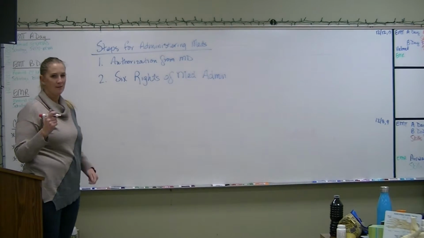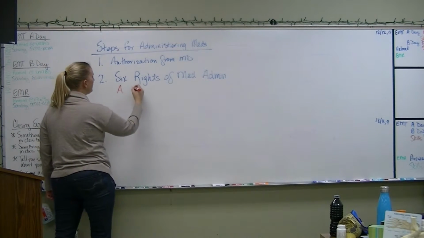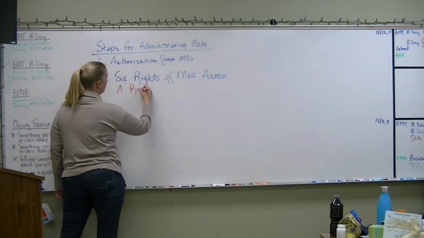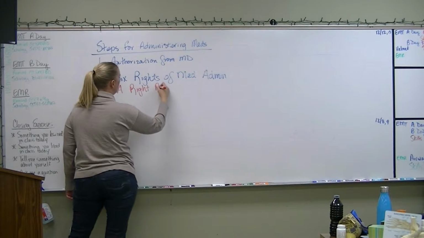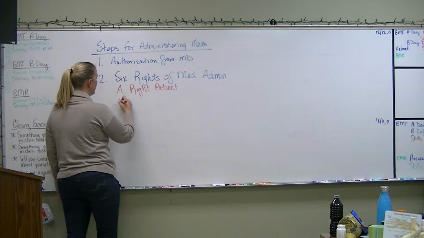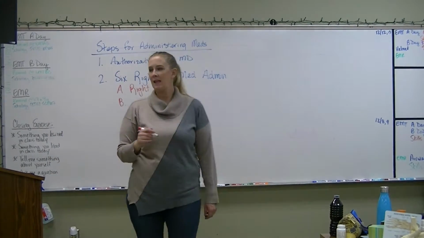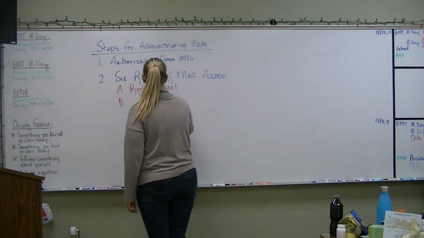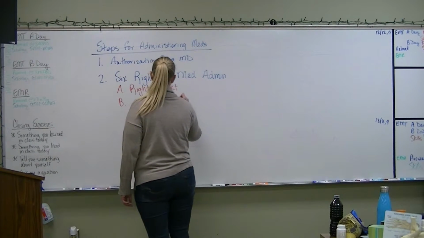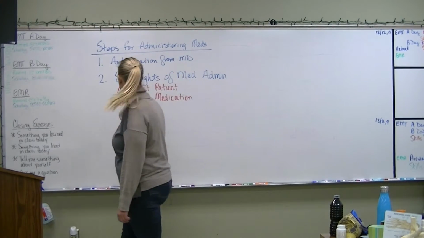What's the first one? Right patient. So, we have to make sure we have the right patient. What's the second one? Right medication. What's the third one? Right route.